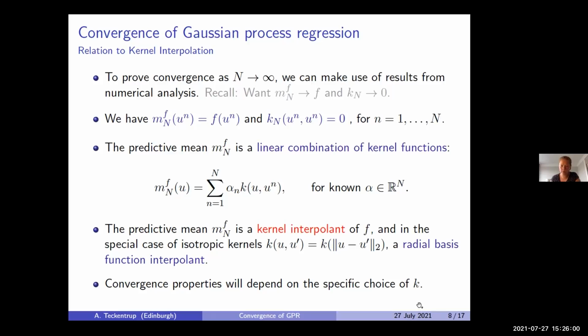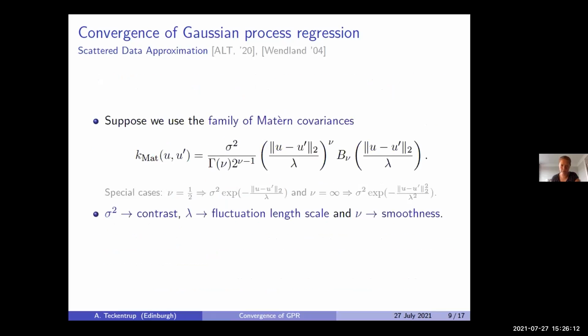What I wanted to do now is show you one particular example of k that is very often used, and show you how the error bounds look for this particular k. This particular k is the family of Matern covariances. As I said, this is a parametric family that is very often used. It has three hyperparameters.